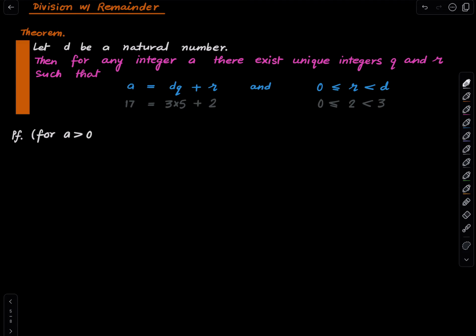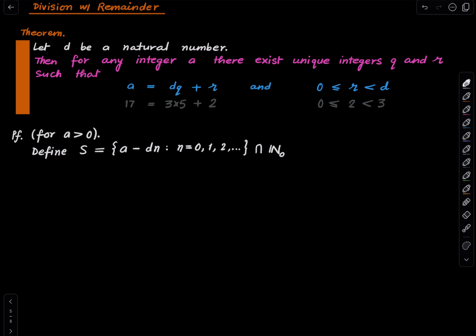Proof for a positive. So define this set S as a minus dn, where n starts from 0 and goes up to whatever, as large as it needs to be. But we do not want to collect negative numbers; the number 0 we are fine with collecting.